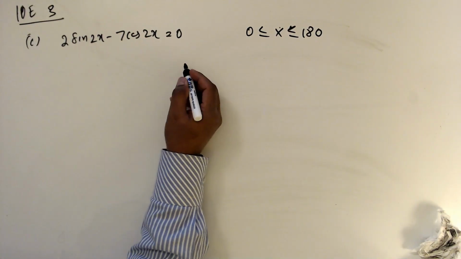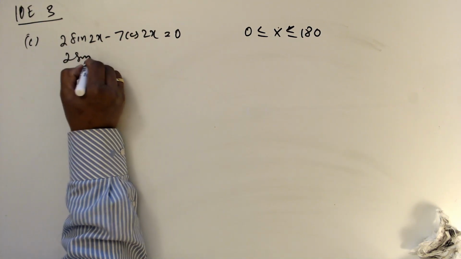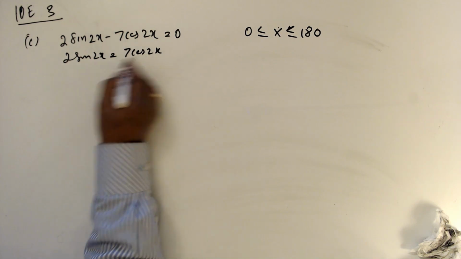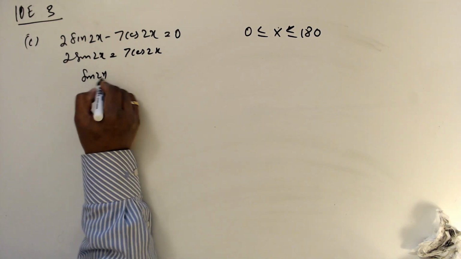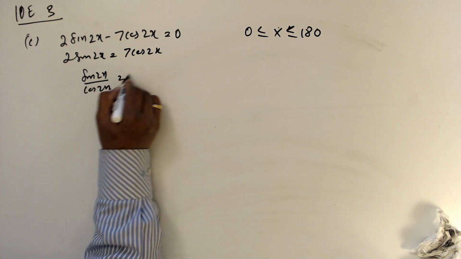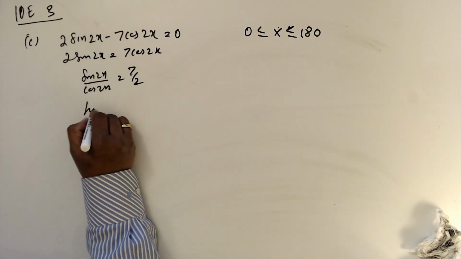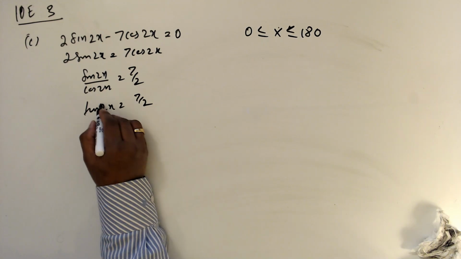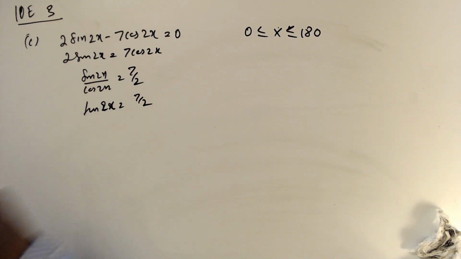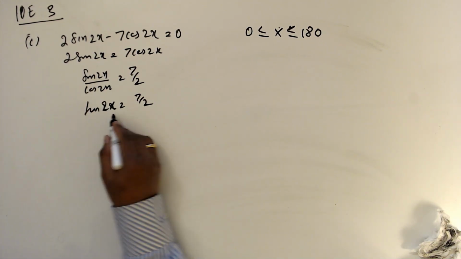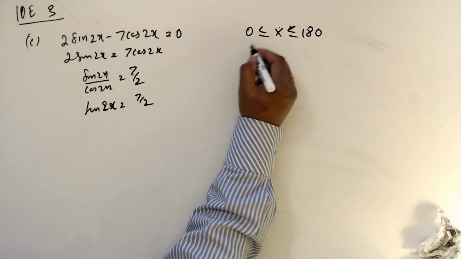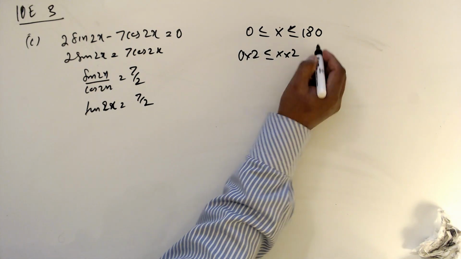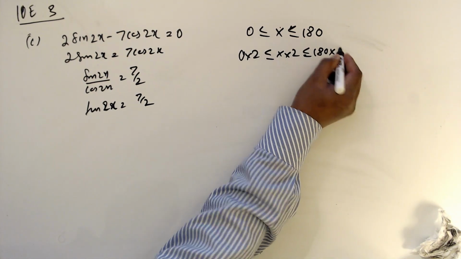Part C. 2 sin 2x equals 7 cos 2x, and sin 2x over cos 2x equals 7 divided by 2. Tan 2x equals 7 divided by 2. Now this is 2x, so I'll make this one 2x. 0 multiplied by 2, and 180 multiplied by 2.